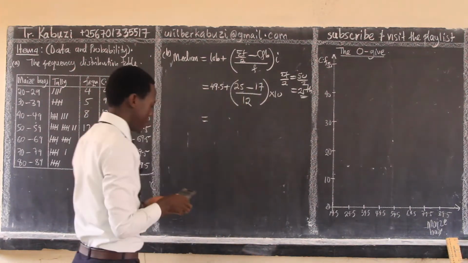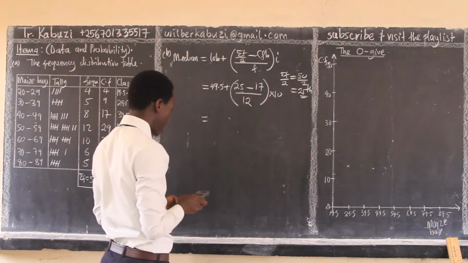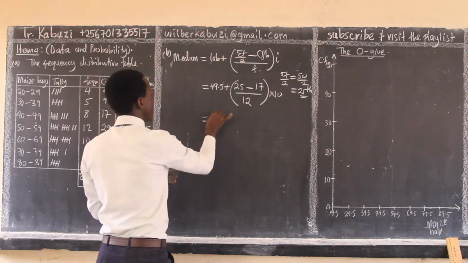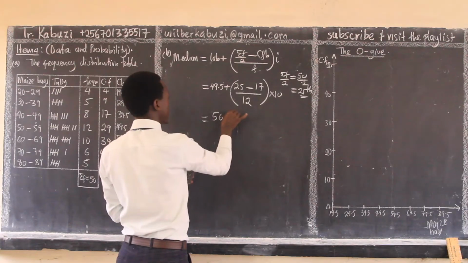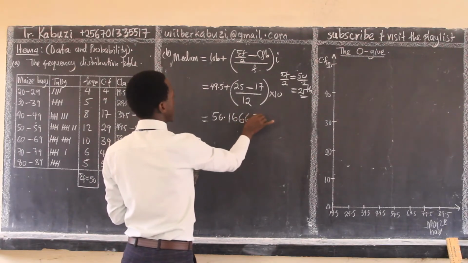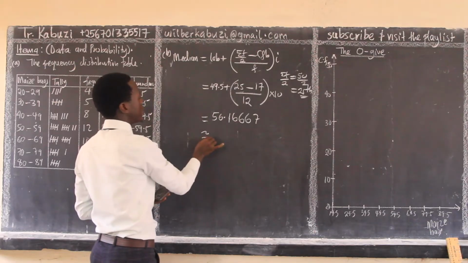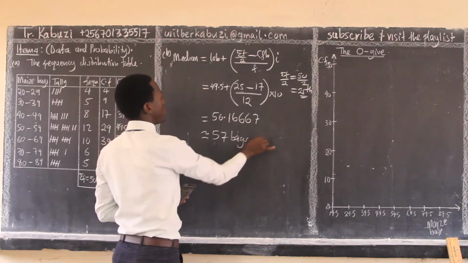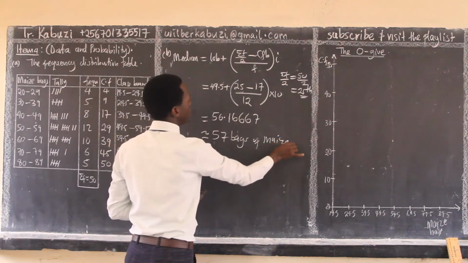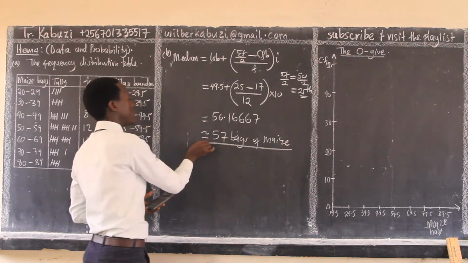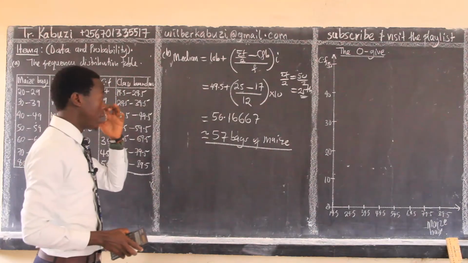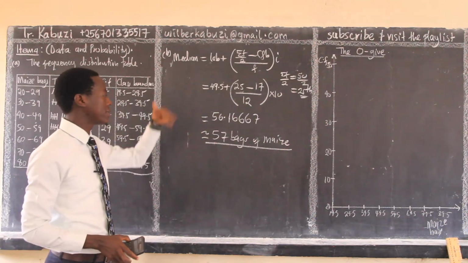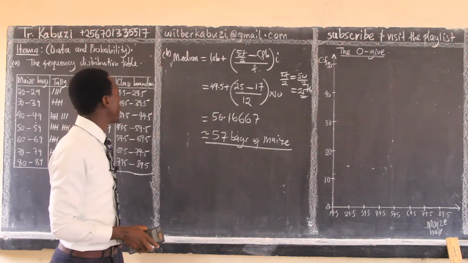So from there, we get 56.16667, which we can approximate to 57 bags of maize. So half of the farmers were capable of harvesting 57 bags and above.